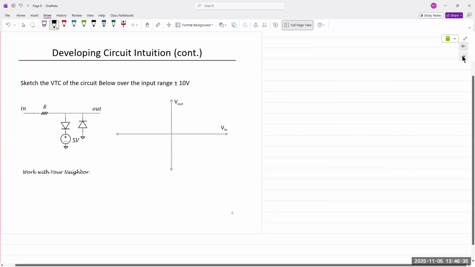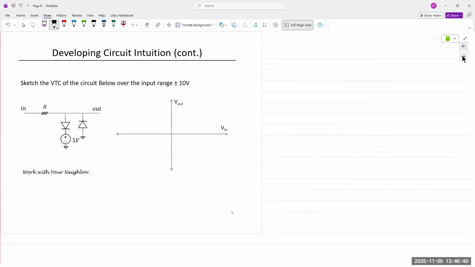All right. Same circuit, but now you have an additional diode in parallel. So what do you get? As far as the positive side is concerned, again, CVD model.